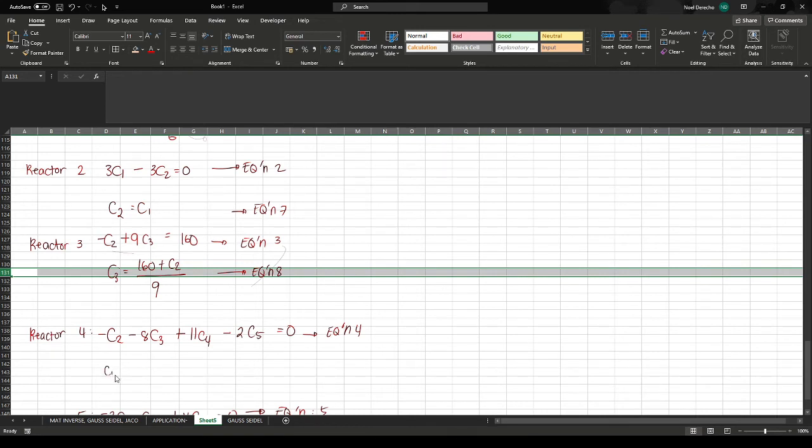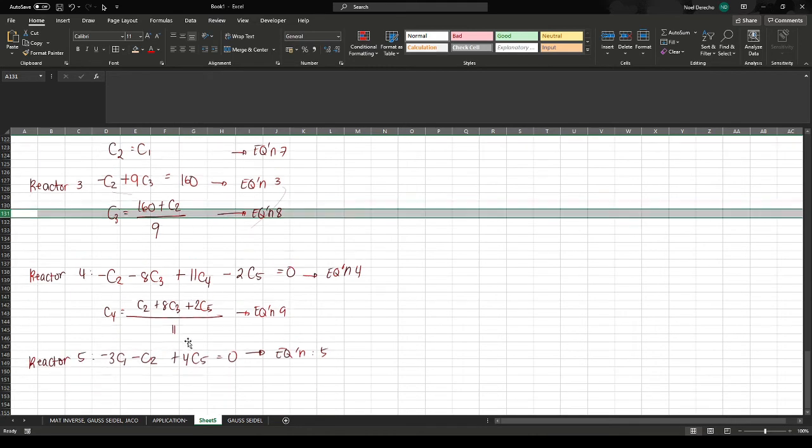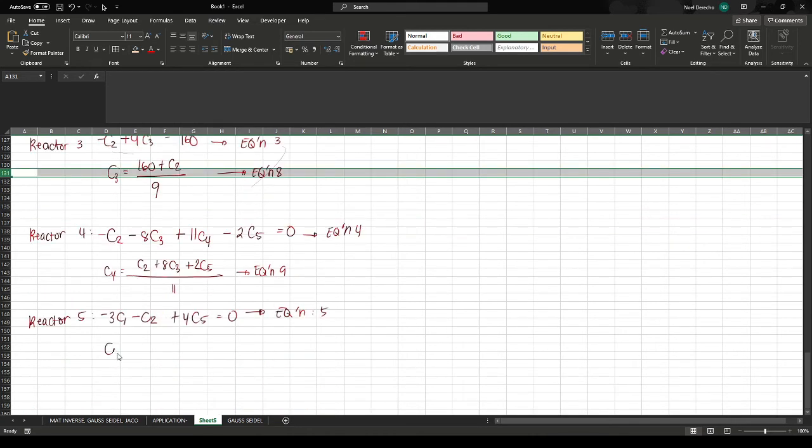C4 is equal to C2 plus 8C3 plus 2C5 all over 11, equation 9. For C5, that is 3C1 plus 3C2 all over 4. So that is equation 10.